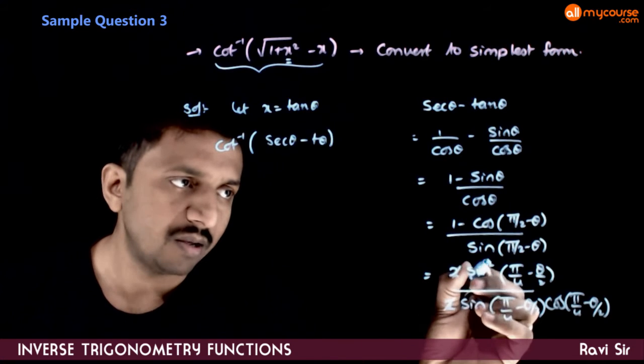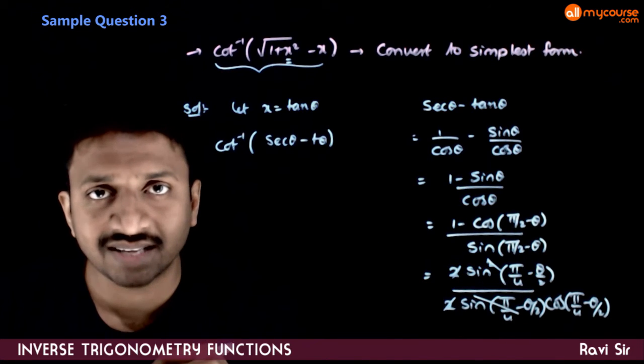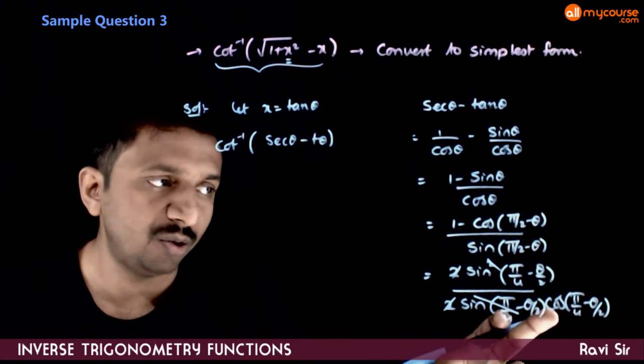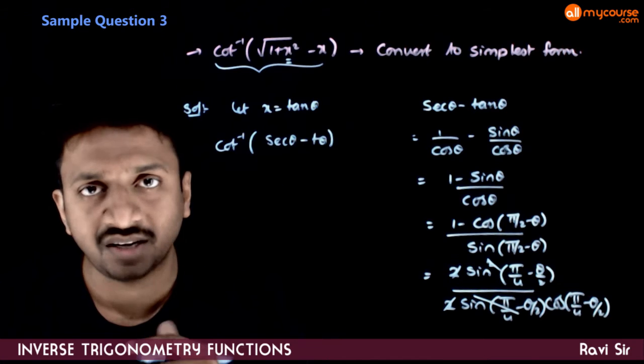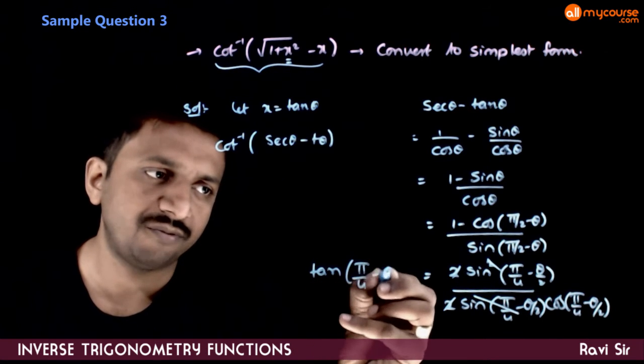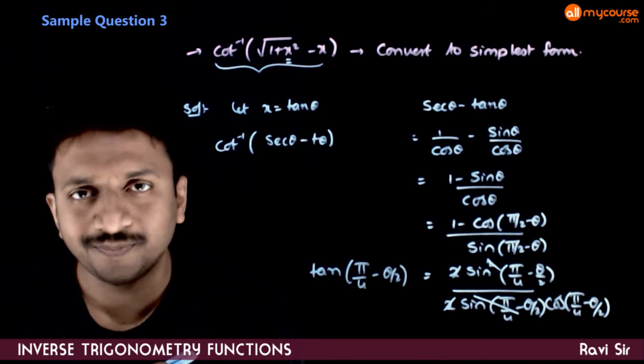The 2 and 2 get cancelled, and 1 sin and 1 sin get cancelled. So this becomes sin of pi by 4 minus theta by 2 by cos of pi by 4 minus theta by 2, which is tan of pi by 4 minus theta by 2.